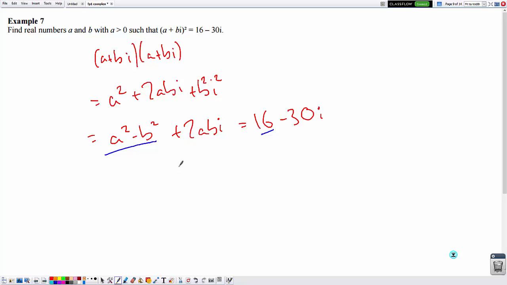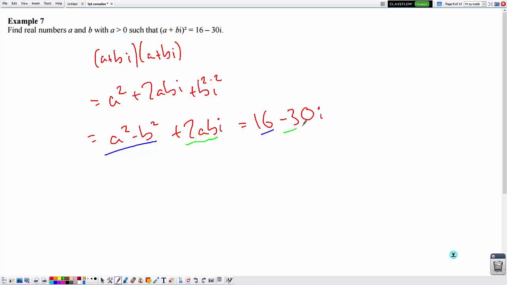Okay, so let's just use some nice colors. So that's 2ab and minus 30. Sorry, apologies, my pen stopped working for some reason.